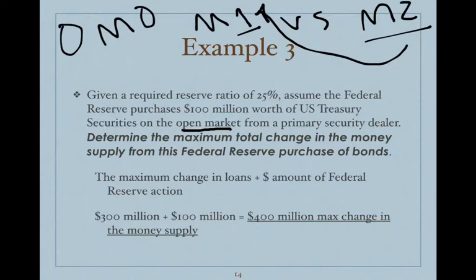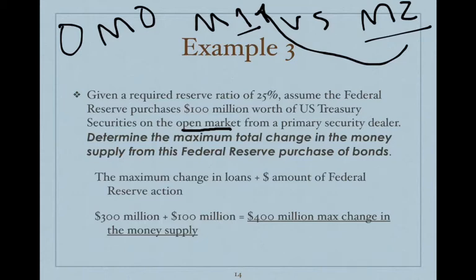So I could take my answer that I got from the last one, my $300 million when I did my $75 million of excess reserves times my money multiplier of 4. I could take that $300 million and add my original OMO, which was the $100 million purchase of Treasury securities, and do 300 plus 100 and get the $400 million change.